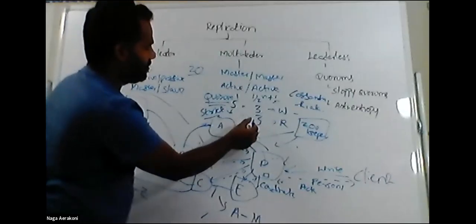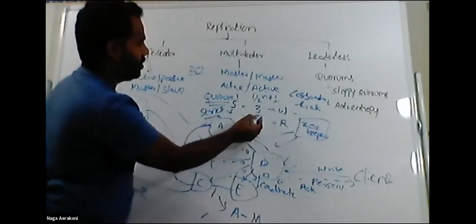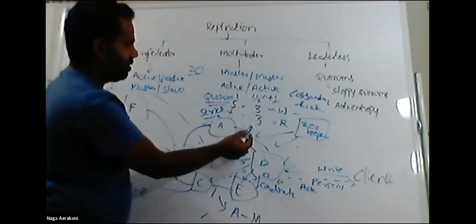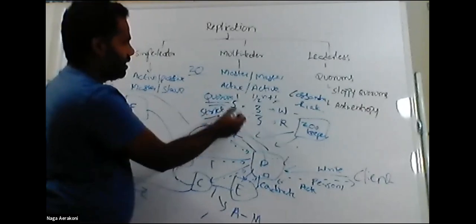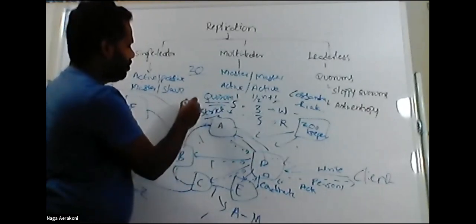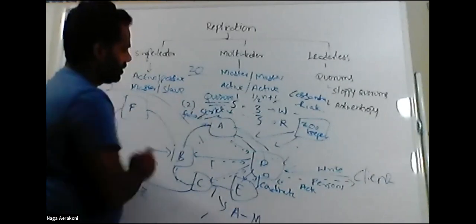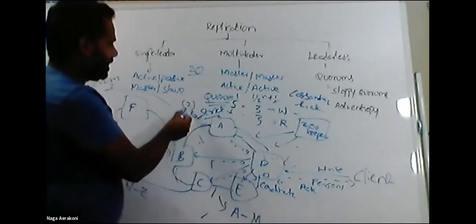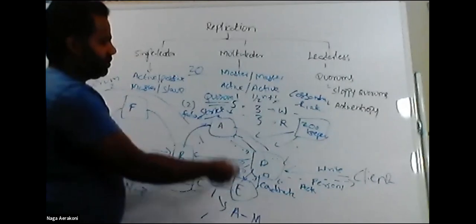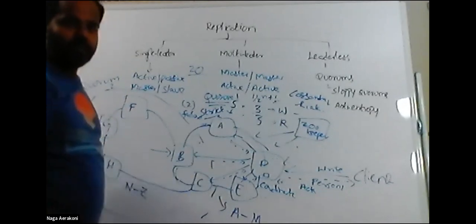Okay. As I said, as we are talking, 3 need to acknowledge the write, and 3 need to acknowledge the read. So in this quorum condition, you can accommodate 2 failed nodes. If the failed nodes increase beyond 2, this won't be able to process successfully.